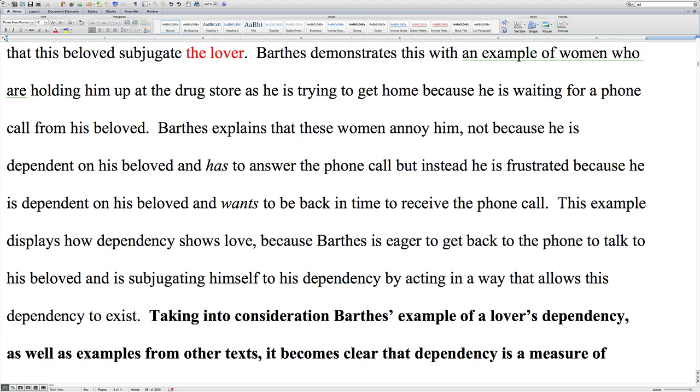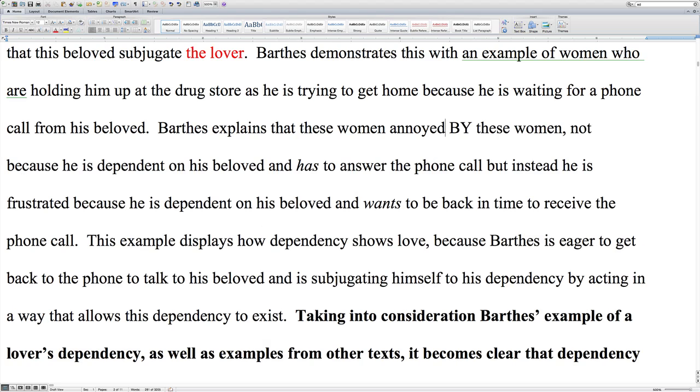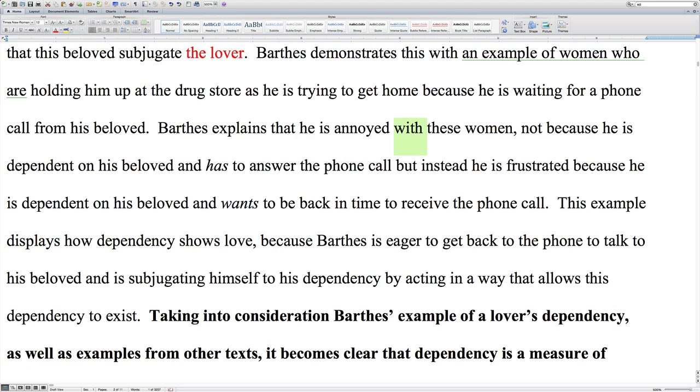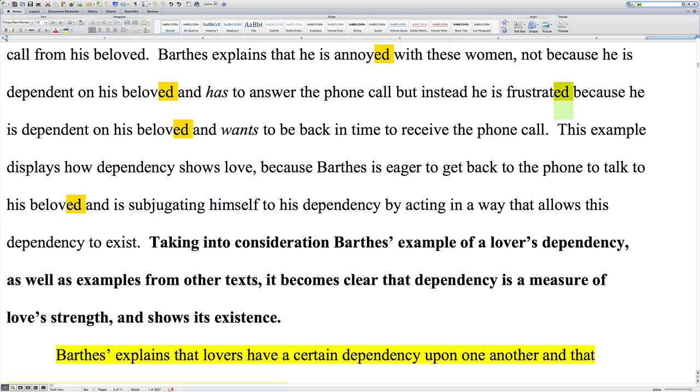We've made the verb have actually an agent performing the action of the verb. Great. Good example on how to remove passive voice, but remember, there's this trick in here that it may not be passive voice. It could be just an adjective. And I think because the with follows it, it indicates that it is an adjective. Maybe then his beloved is frustrated. Same thing again. Maybe this is just like he's annoyed, he's frustrated.